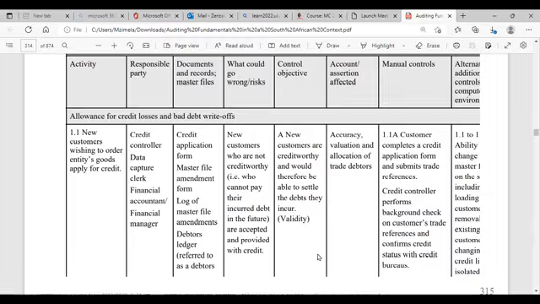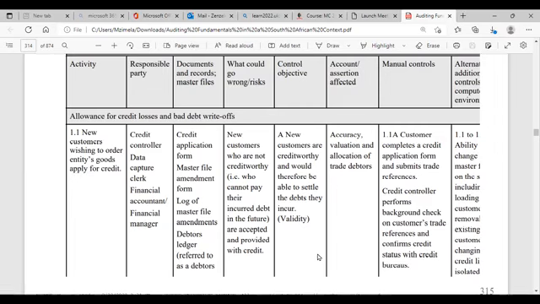Are we taking care of bad debts? Are we taking care of impairment of debts and providing as required? And are we allocating those to trade debtors accordingly? So those are the assertions that we are looking at: accuracy, valuation, and allocation of transactions. That is classification as well.